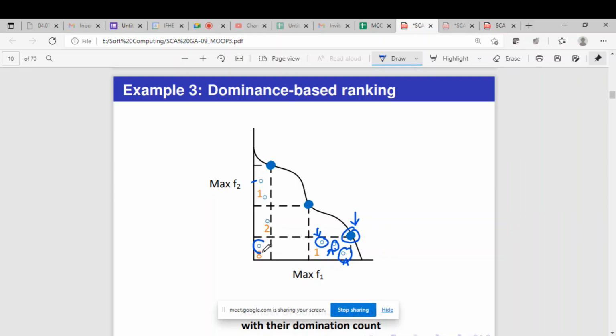You see this individual, how many are towards his right and top? Everything you see, the entire set. Is this towards right and top or not? Yes, 1.